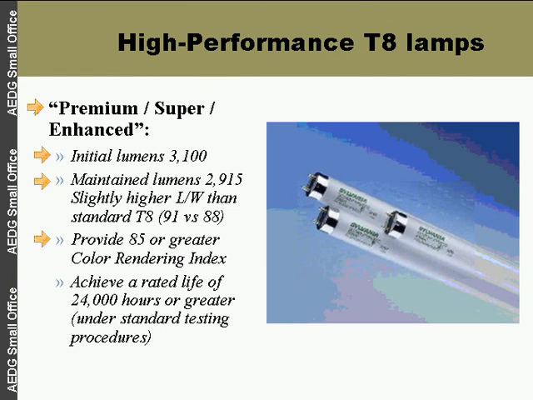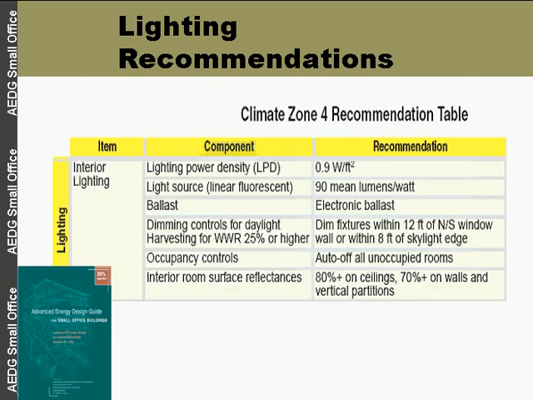They all provide good color rendering, in the 85% range, and they had, at the time we were doing this, some of the longest life lamps at 24,000 hours, which was 4,000 hours more than the standard lamp or the lamp that was used in the 99 standard.